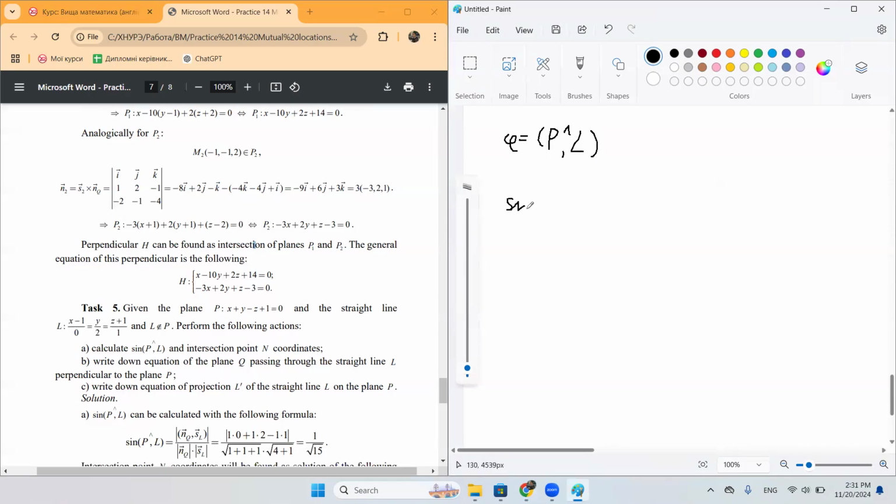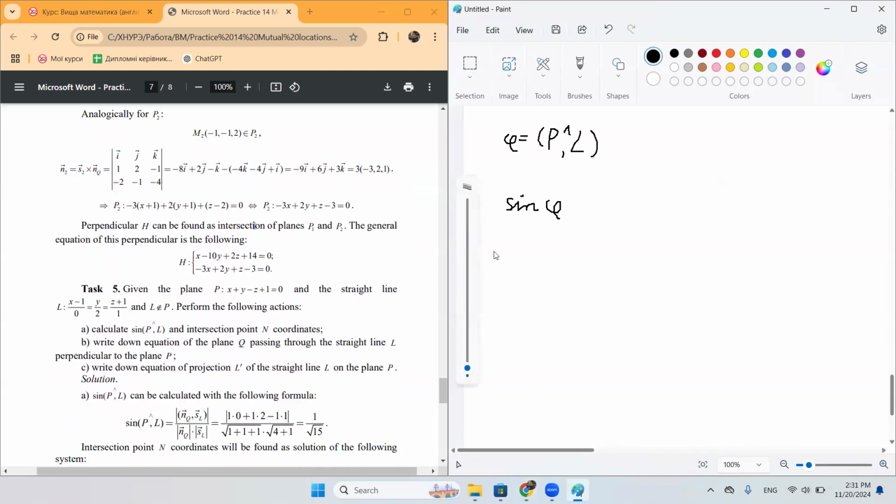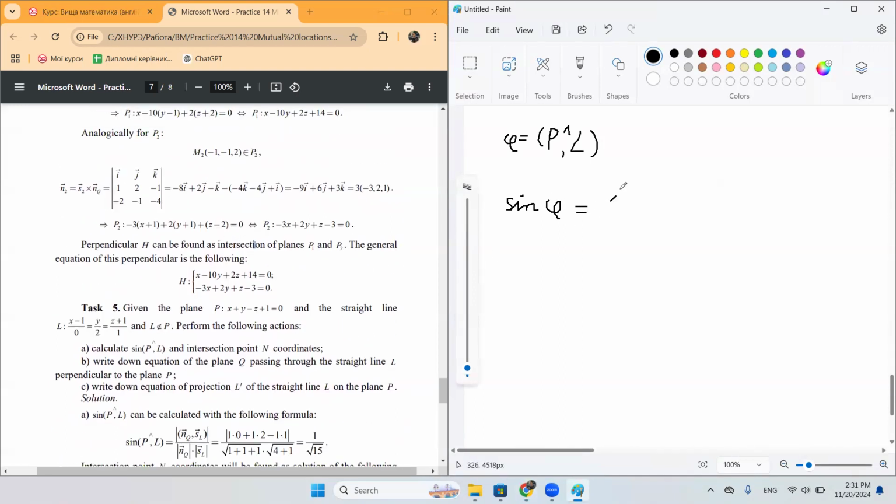So sine phi is the following: 1 over square root of 15. So we are just finding the sine and that's it. We don't extract the angle.